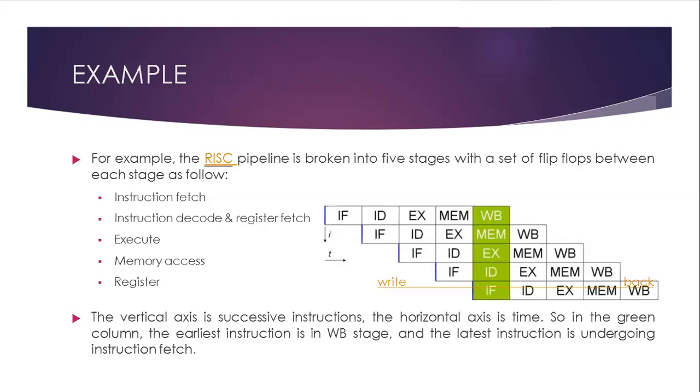Here the vertical axis is successive instructions and the horizontal axis is time. So in the green column, the earliest instruction is in the write back stage and the latest instruction is undergoing instruction fetch.